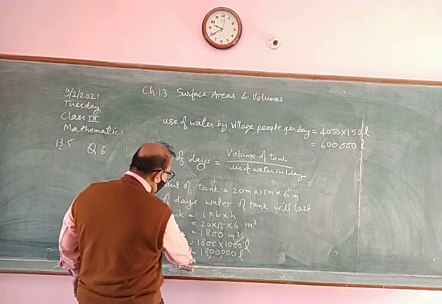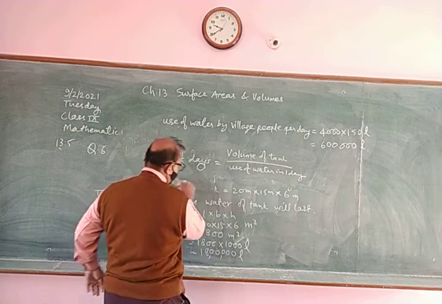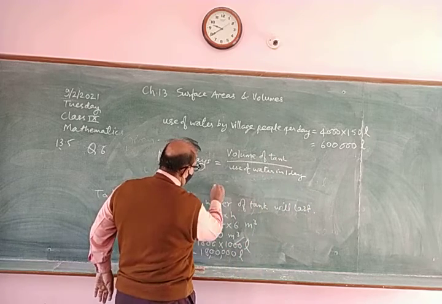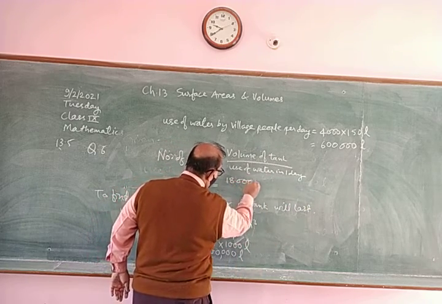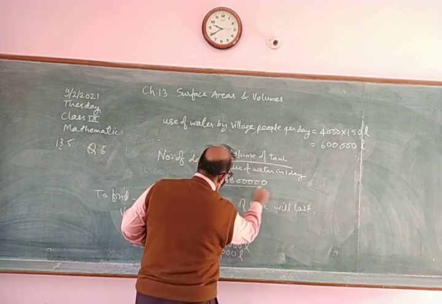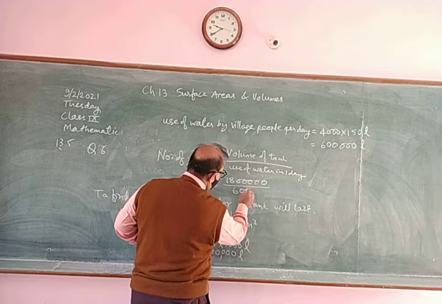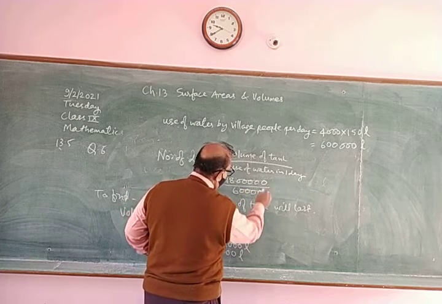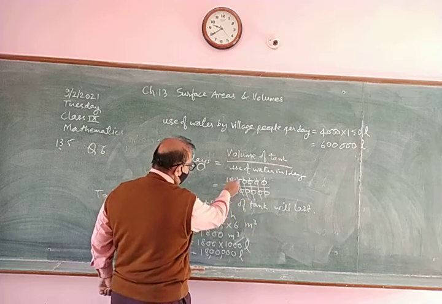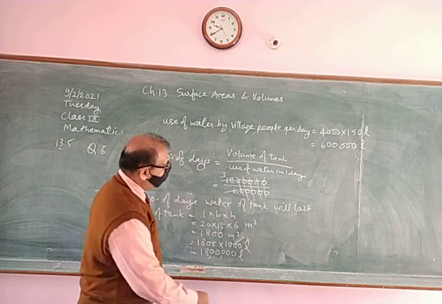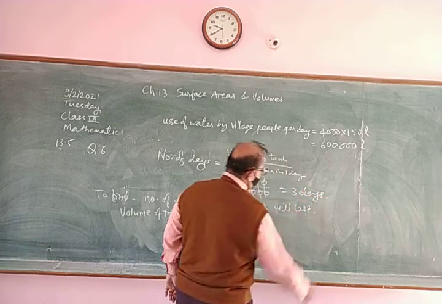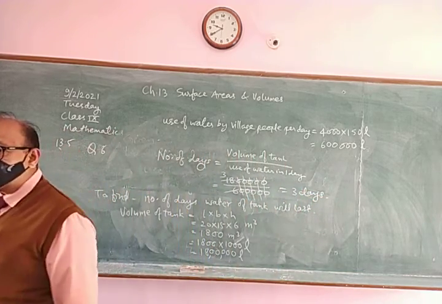That is 18 lakh upon 6 lakh, which is equal to 3 days. 18 lakh upon 6 lakh, 6 threes are 18. Is equal to 3 days.